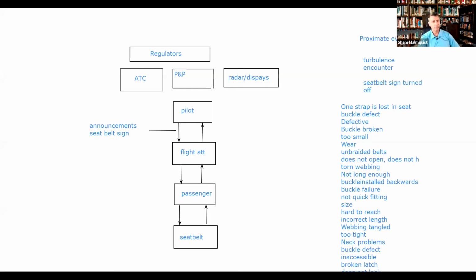which obviously have their own set of issues. But it's starting with policies and procedures. What type of policies and procedures might influence this, and what could we do about them? What kind of recommendations might we come up with as far as the decision making of how the pilot exercises that control?